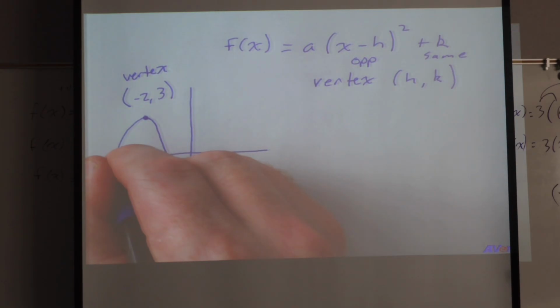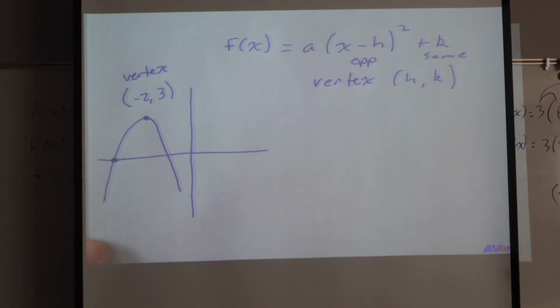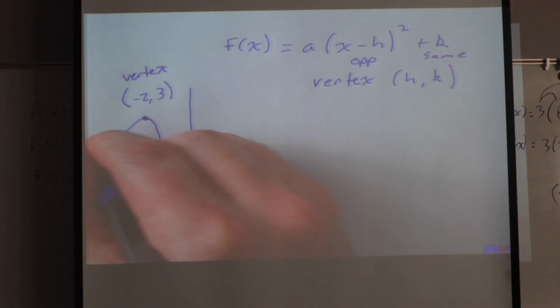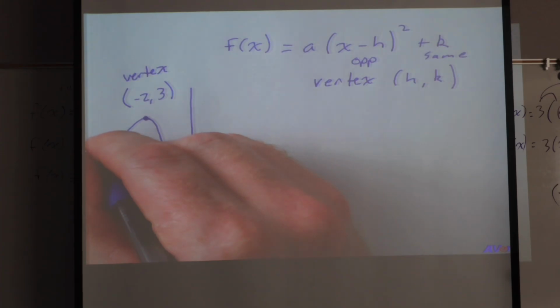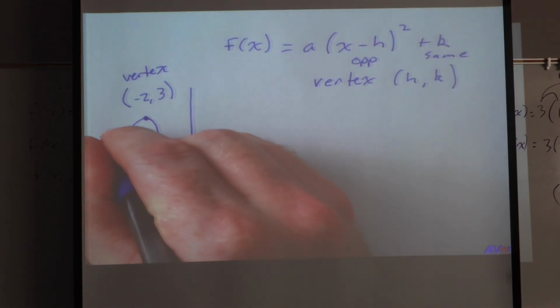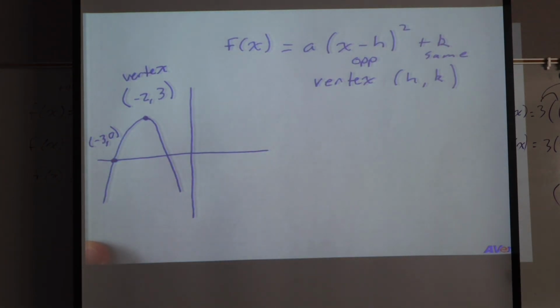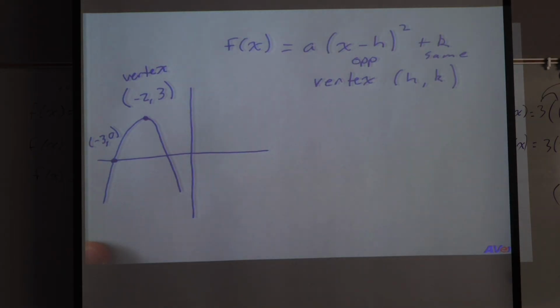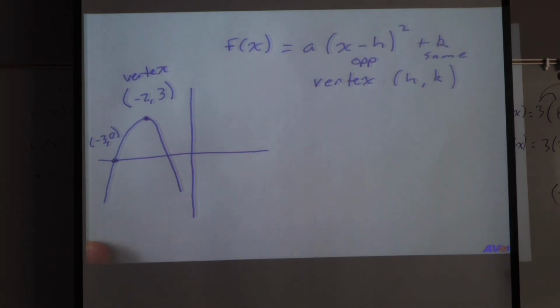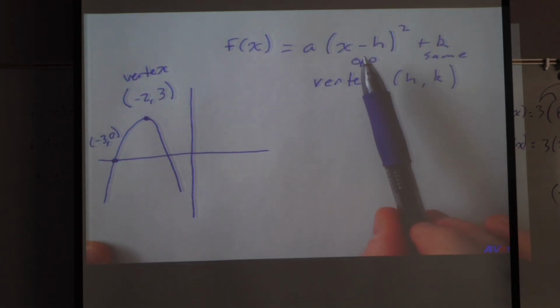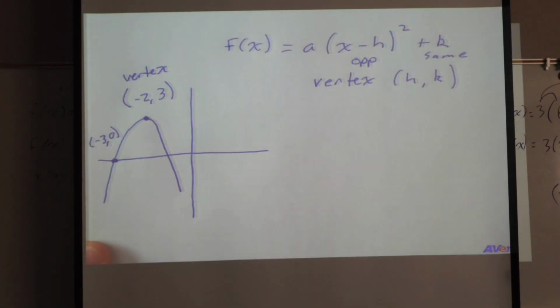And then we had another point at (-3, 0). All right, the first thing which students get most of the time and do a good job with is they get the vertex, they plug it in correctly, and we're all good there.